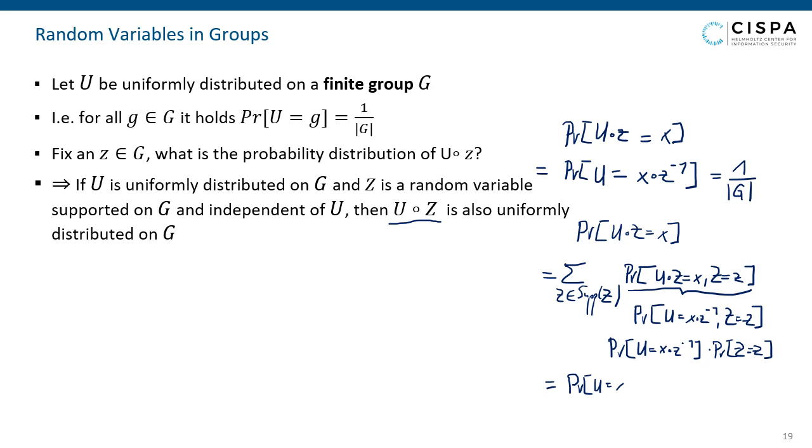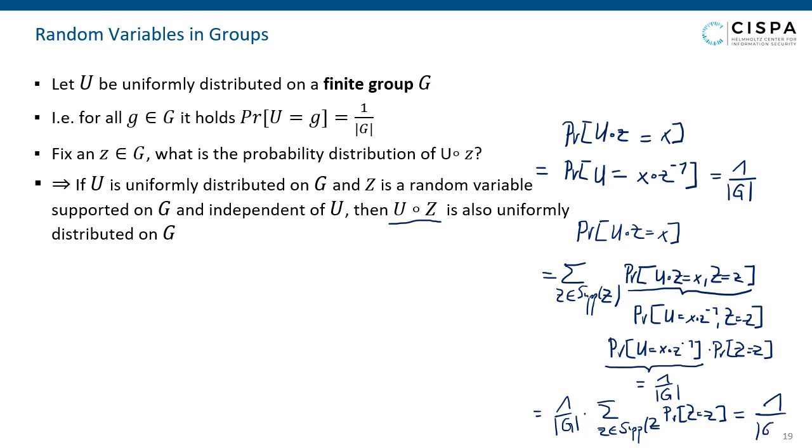First observe that since U is a uniform distribution, this is 1 over the group size. Consequently, the entire thing becomes 1 over the group size times the sum over z in the support of Z of the probability that Z equals z. And this is just 1, so the overall thing is 1 over the group size.